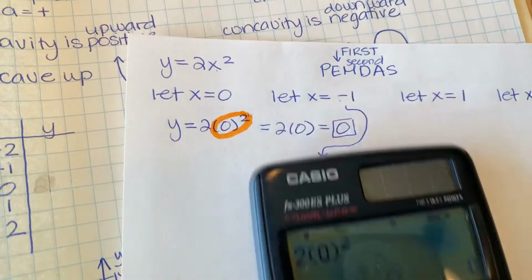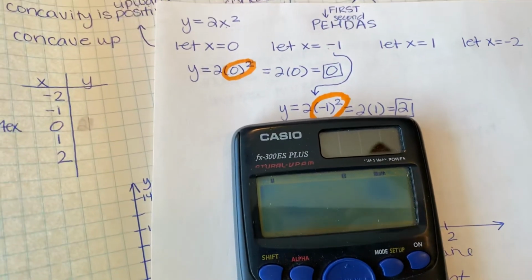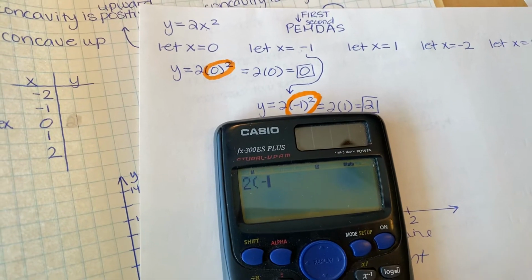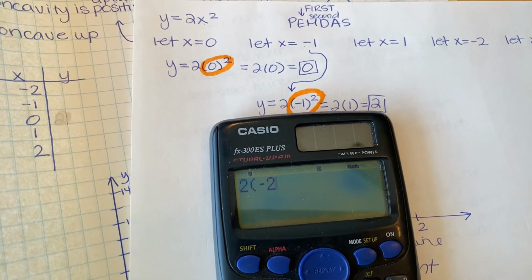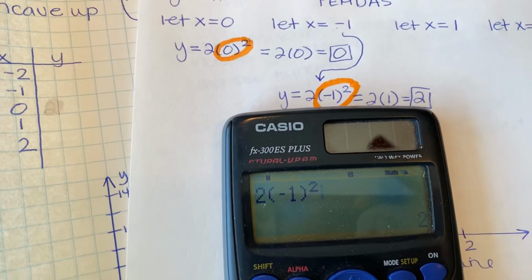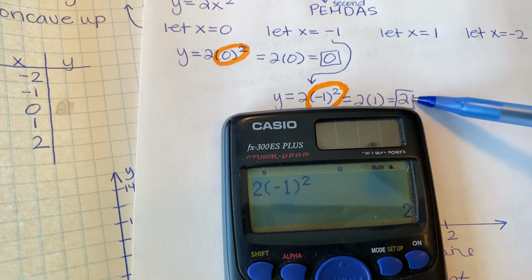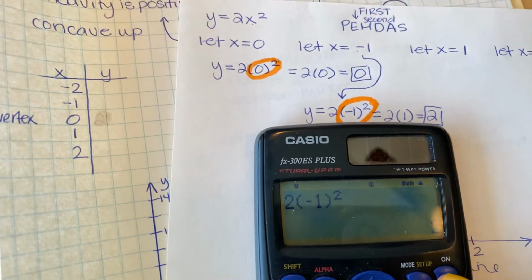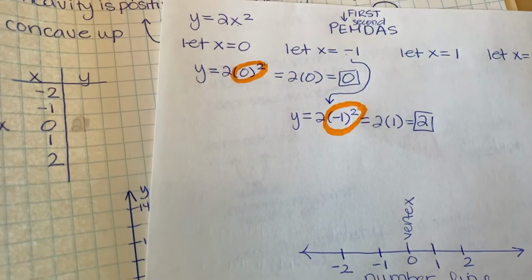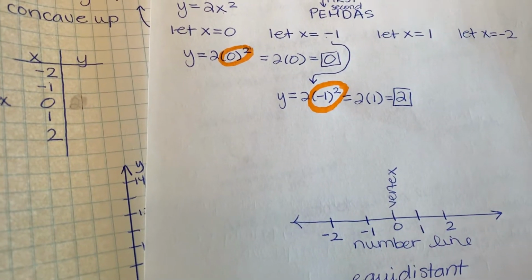Then put in the other one: 2 times quantity negative 1 squared. And there is our positive 2, and that's what we have here as well. As long as you use the correct buttons and use parentheses, your proper grouping symbols, you should be fine.